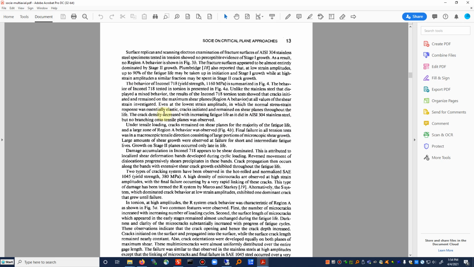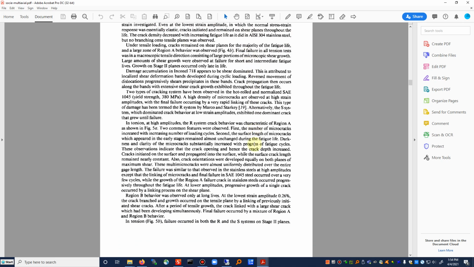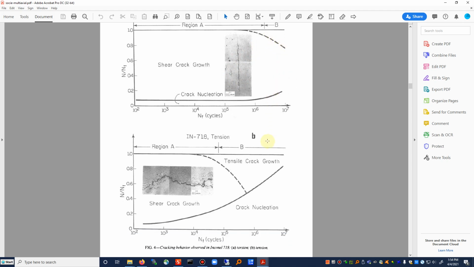There's a little difference between the two materials. Okay, so here's the Inconel 718. In this case, we have the shear crack growth, not much tensile behavior. Now this is in tension. We have some shear crack growth and tensile crack growth, crack nucleation, and so forth.